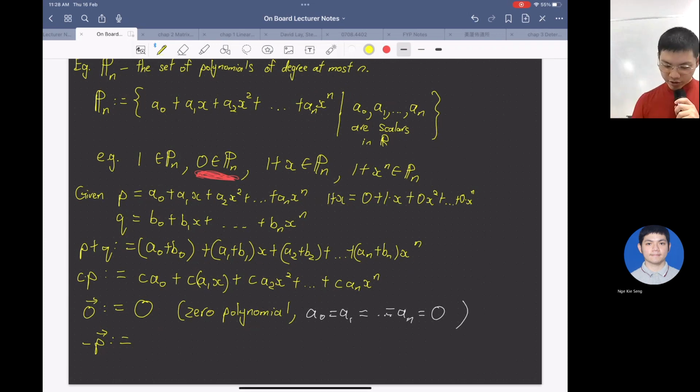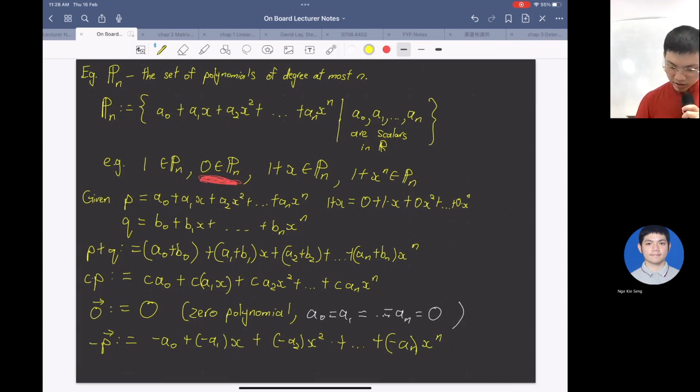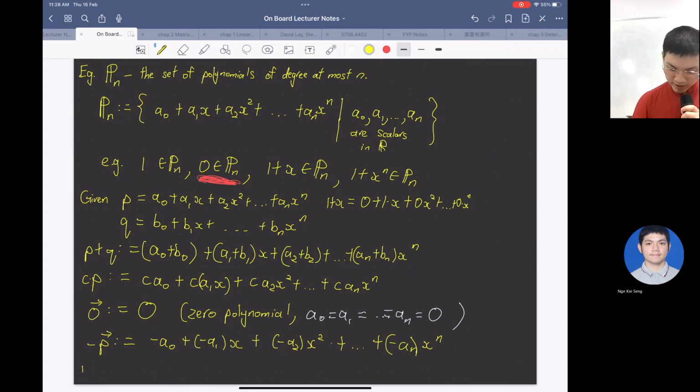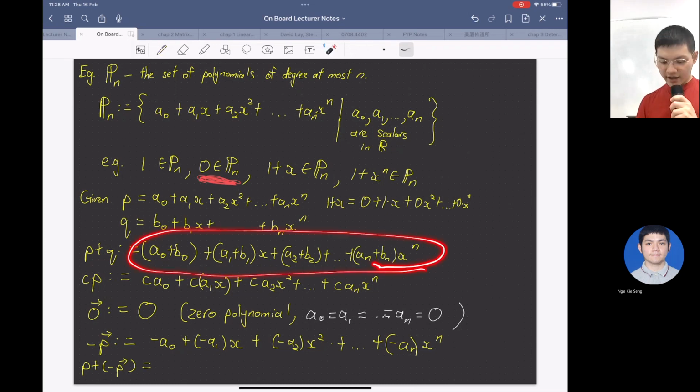So minus p should be minus a0, plus minus a1 x, plus minus a2 x squared, up to minus an x to the n. Why? Because when we do the addition p plus minus p, we add the corresponding coefficients.